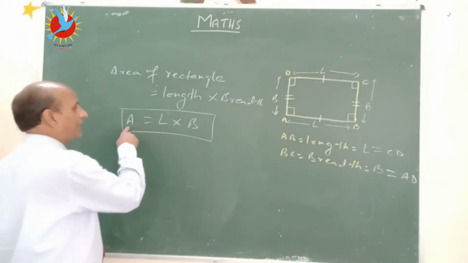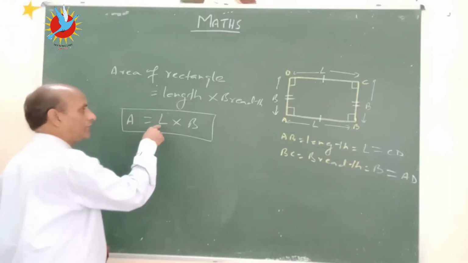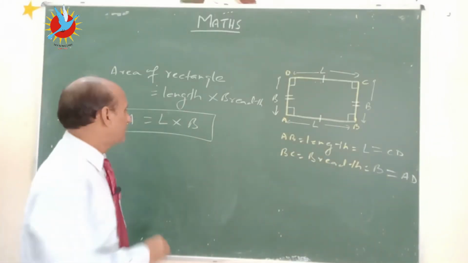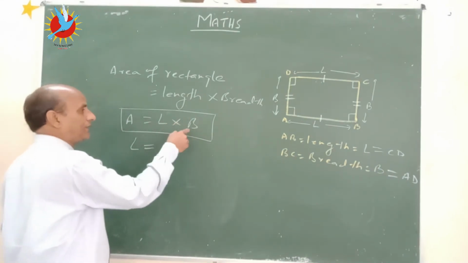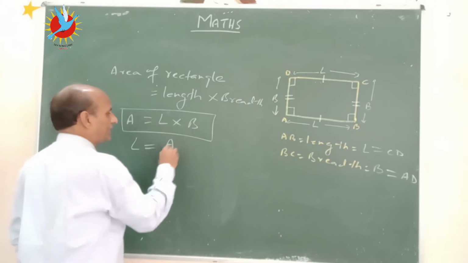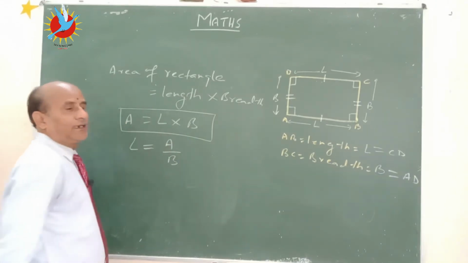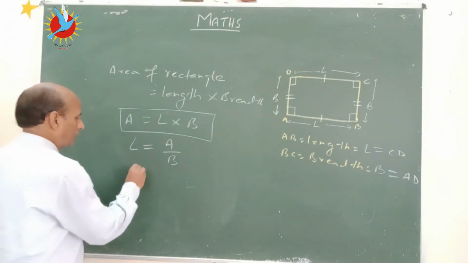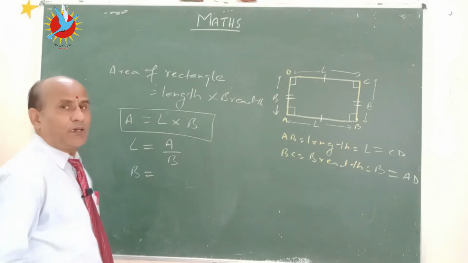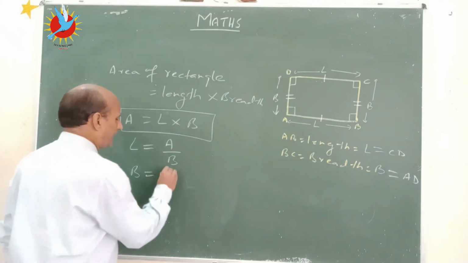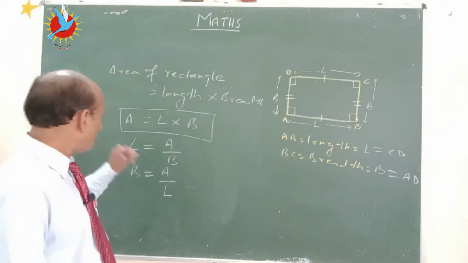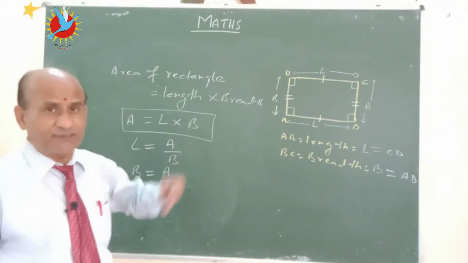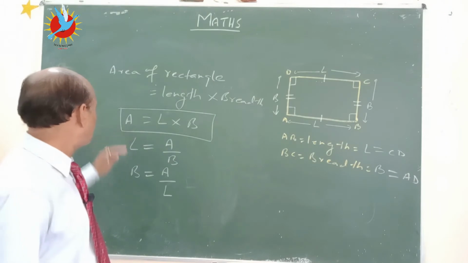So if area and width are given and you are asked to find the length, then length is equal to area divided by width, since width is multiplied in the formula. If you are asked to find the width, then it is area divided by length. So you may be asked to find the area, length or width.